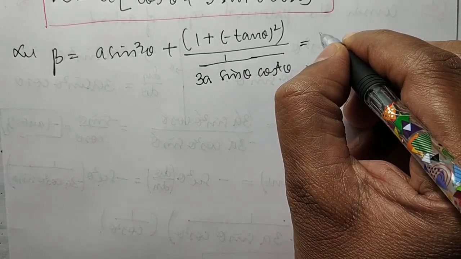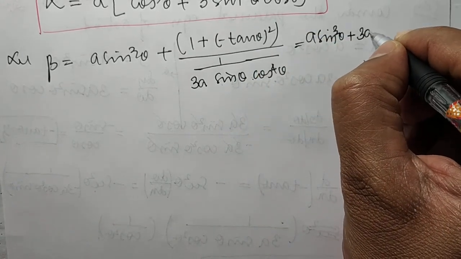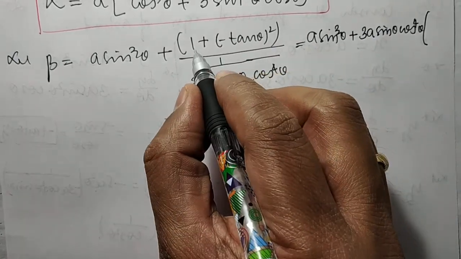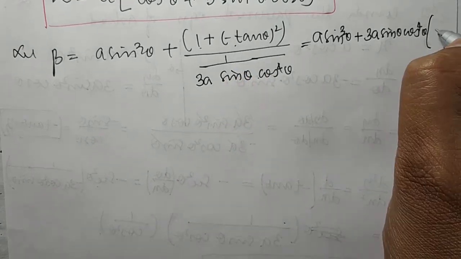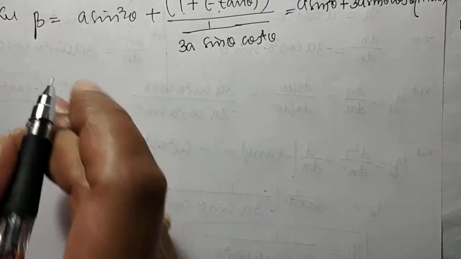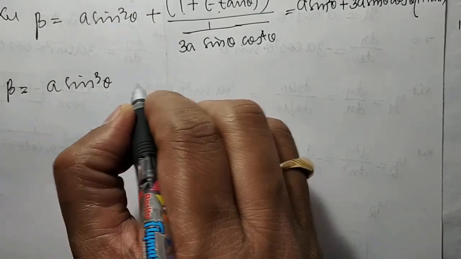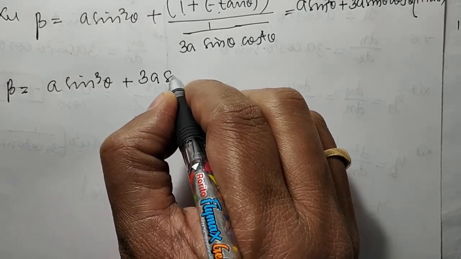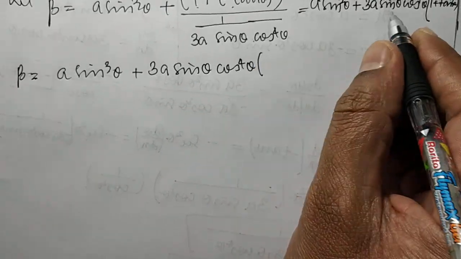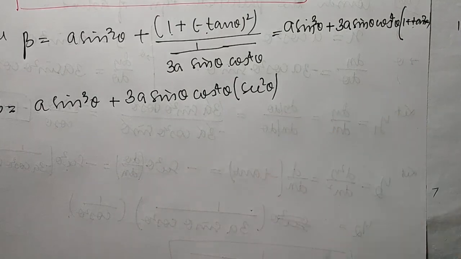That is nothing but a into sin cube theta plus, this goes to the numerator, that is 3a into sin theta into cos raised to 4 theta into 1 plus tan square theta. Okay, therefore beta is equal to a into sin cube theta plus 3 times a into sin theta into cos raised to 4 theta into 1 plus tan square. What is 1 plus tan square? Sec square theta.